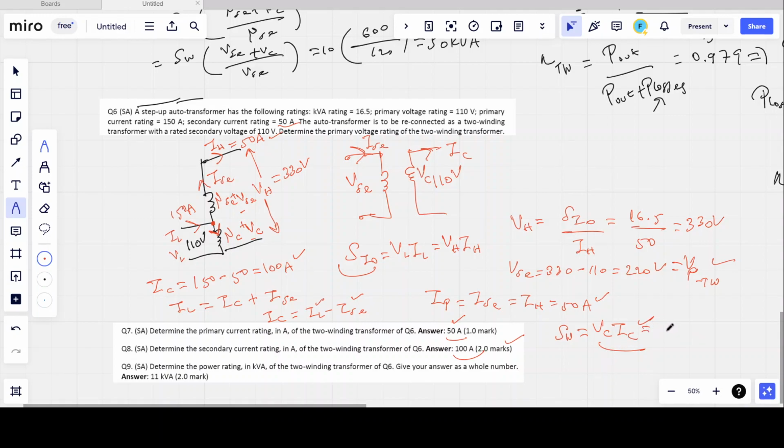VC is 110, and IC we found as 100, right? If we do this calculation, 110 times 100 is 11,000 volt ampere, which can be written as 11 kVA.